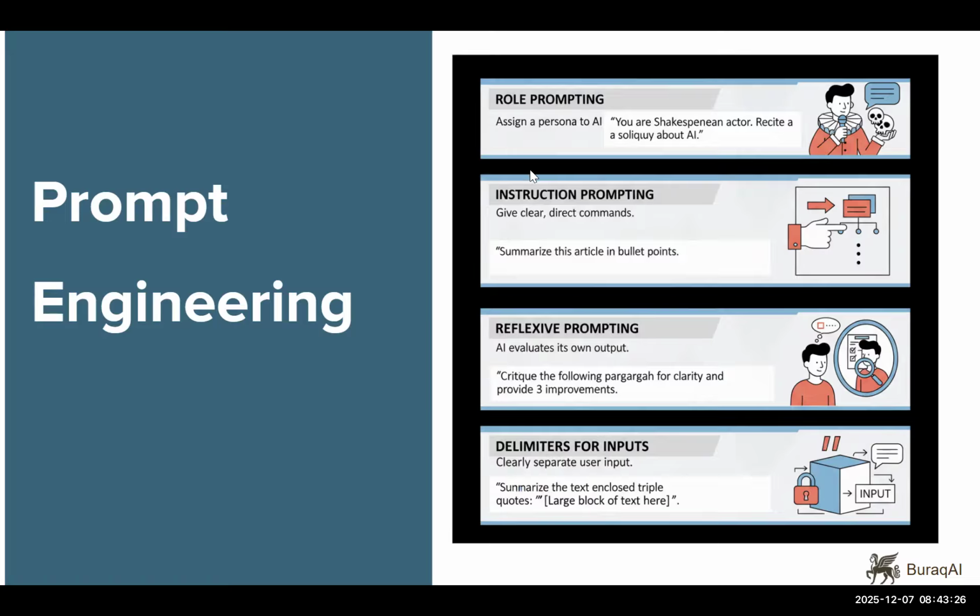Then, summarize this article in bullet points. If you just say summarize, it can give 1 page or 2 pages, whatever. It does not know the scope, how you want to summarize. You can say in bullet points, so it will give you bullet points. Again, you can say how many: 10 bullet points, 50 bullet points, 3 bullet points, whatever you want.